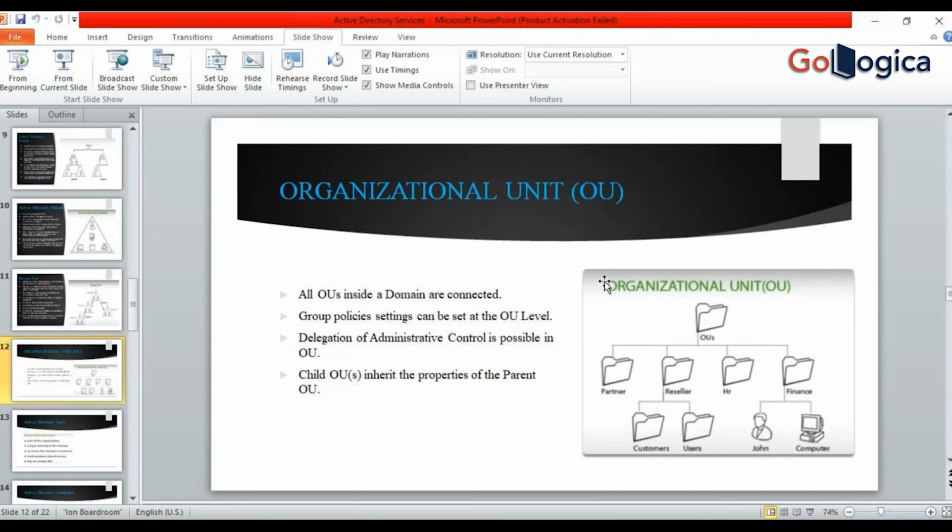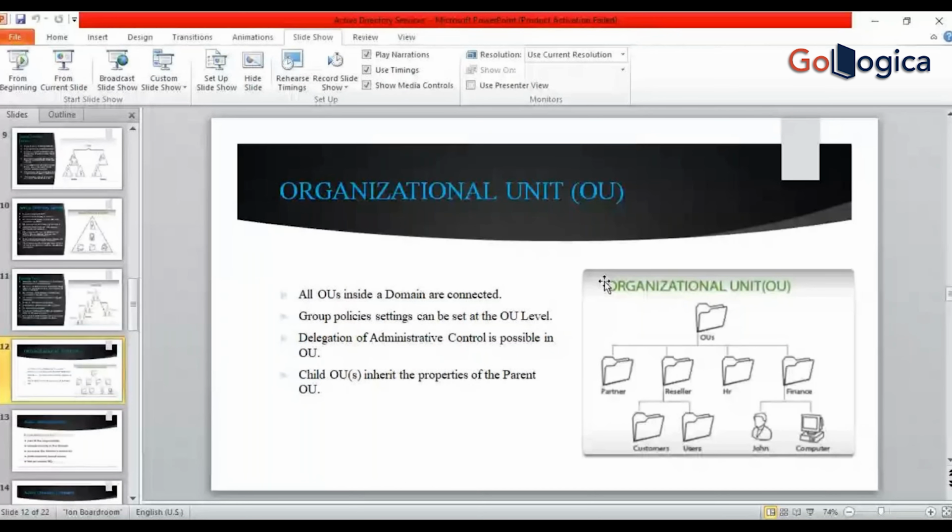Now this is the very interesting part. OU. OU means organizational unit. How are organizational units supposed to be defined? If you are working in an organization, the organization majorly has 4 pillars. One is your admin section, second is your HR system, third is your finance system, fourth is your marketing system.